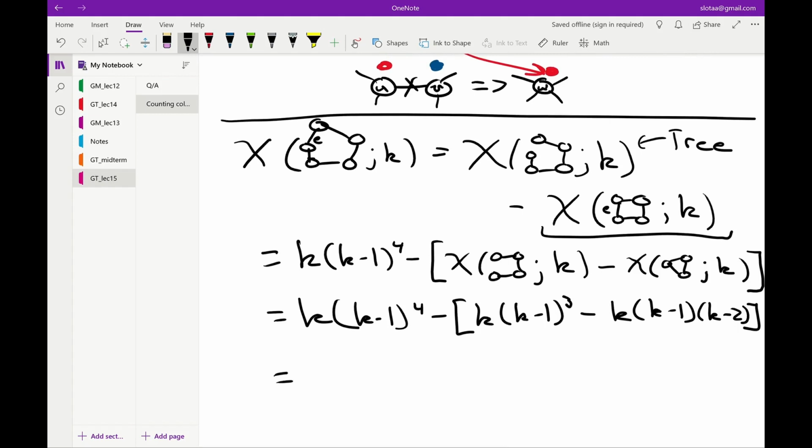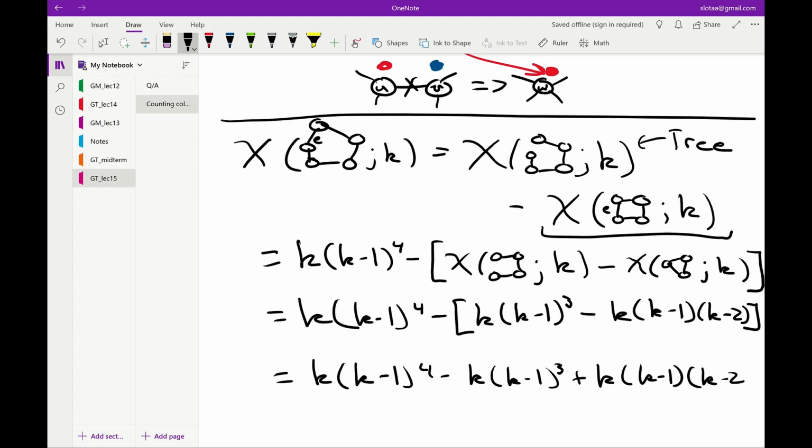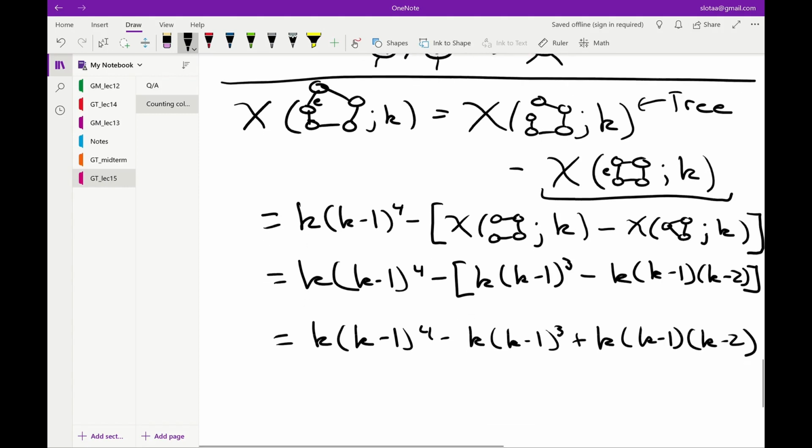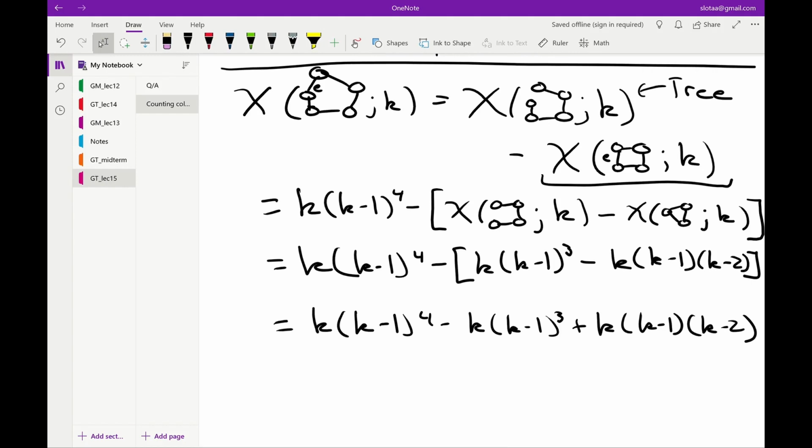So solve it out: k(k minus 1) to the 4 minus k(k minus 1) cubed, and then plus, so 2 subtractions there, k(k minus 1)(k minus 2). We could actually, if we wanted to, reduce that into some simpler form possibly.